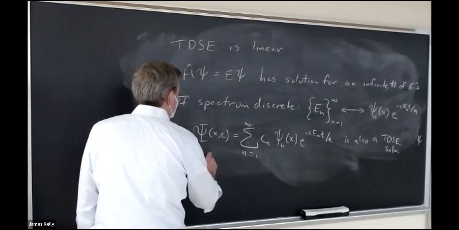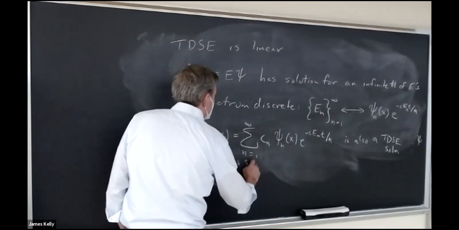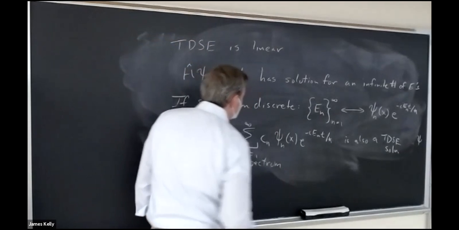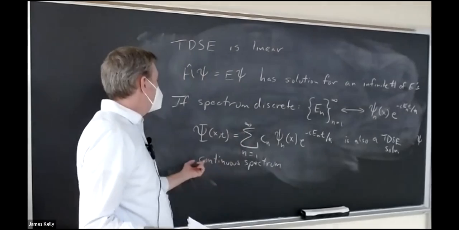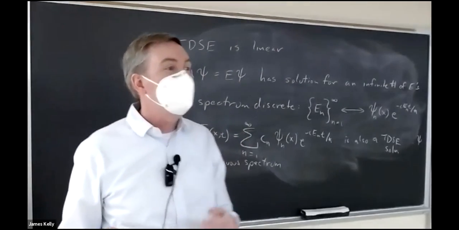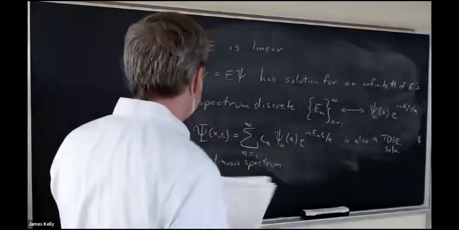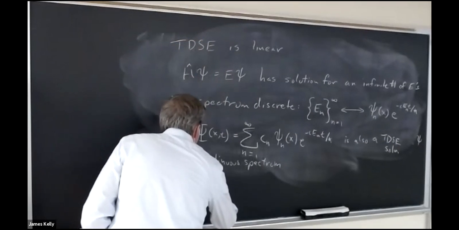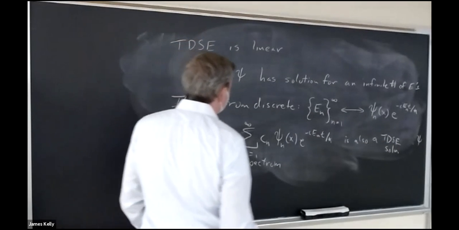If it has a continuous spectrum, generally, when things are discrete and you want to add them up, you use a sum. When they're continuous and you want to add them up, you use an integral, right? An integral sort of adds up little bits that become continuous, like adding up the area under the curve. So in that case, the most general solution, psi of x and t, can be written this way.